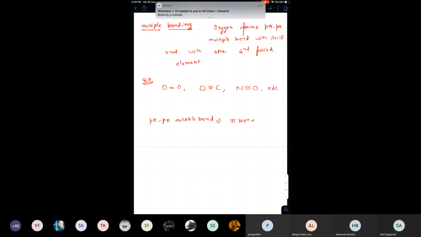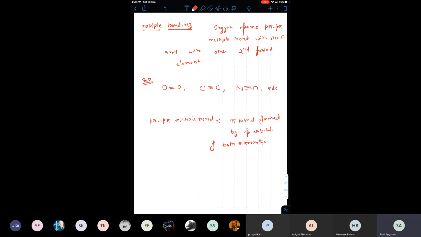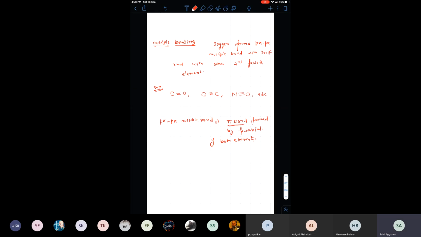Pi bond formed by p orbitals of both elements. A pi bond formed by the p orbitals of both elements is called a p pi p pi multiple bond. If in the formation of pi bond one is using its p and the other is using its d, it will be called p pi d pi multiple bond.